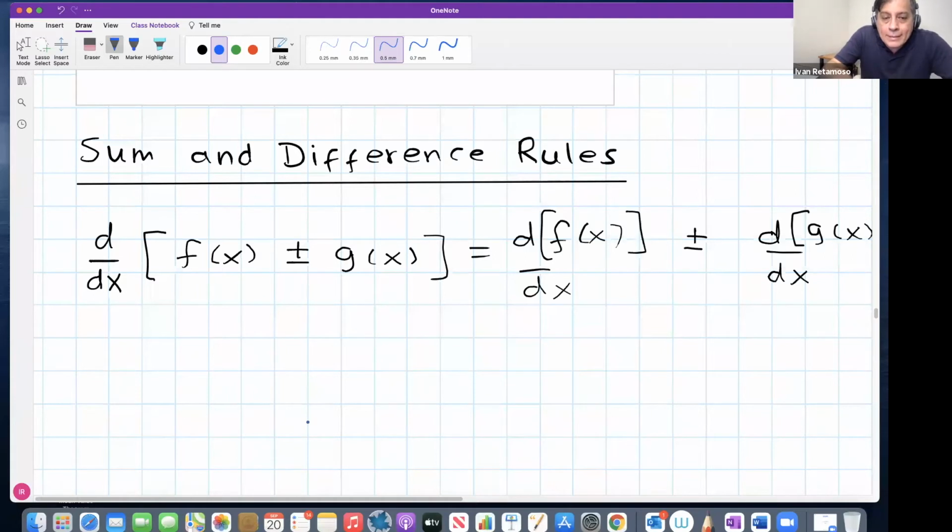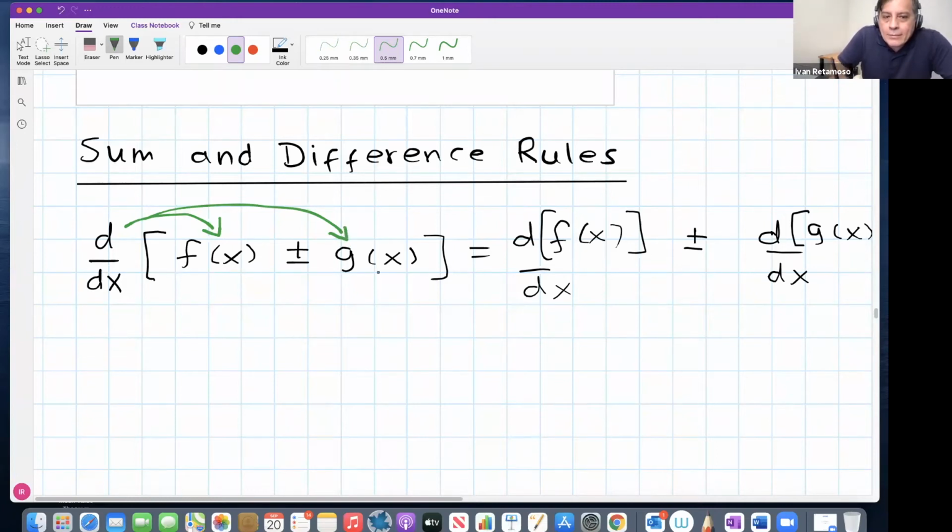Turns out these derivatives behave very nicely over sums and also over differences of functions. Okay, why do you say that, Professor? They behave very nicely over sums and differences in the following sense. When you take the derivative of the sum of two functions or the derivative of the difference of two functions, you can distribute your derivative over the sum or over the difference this way.